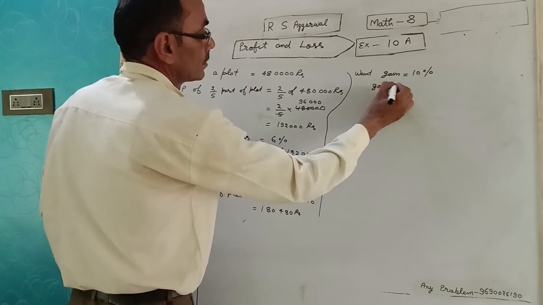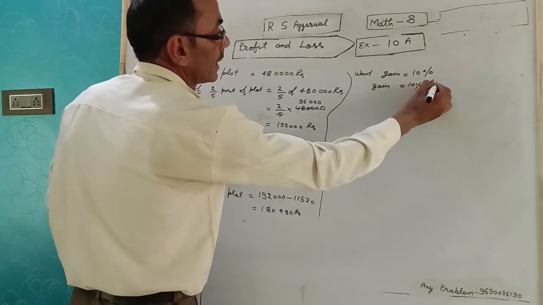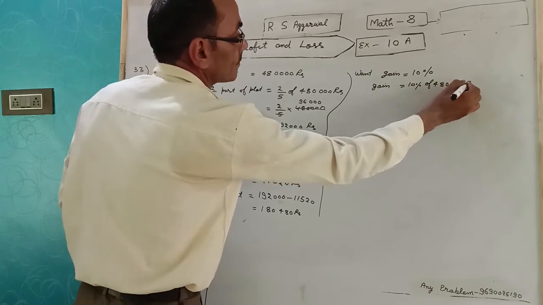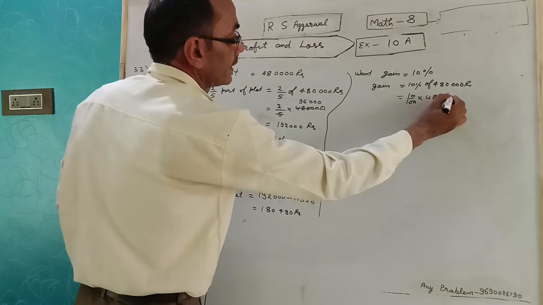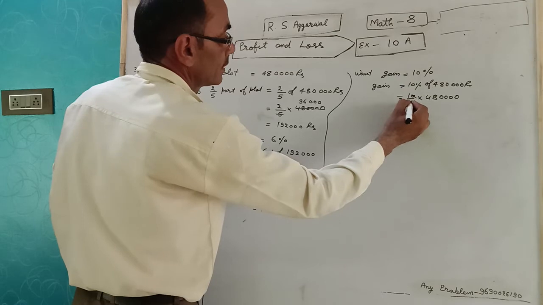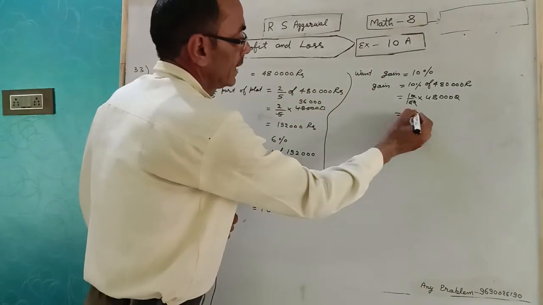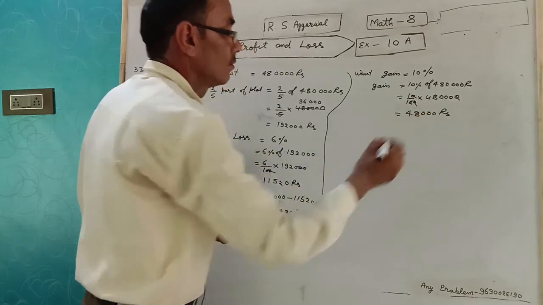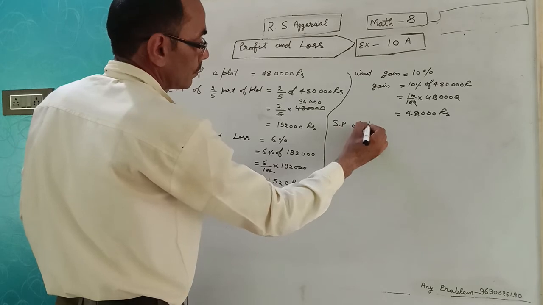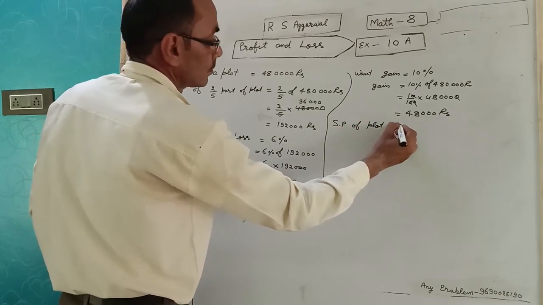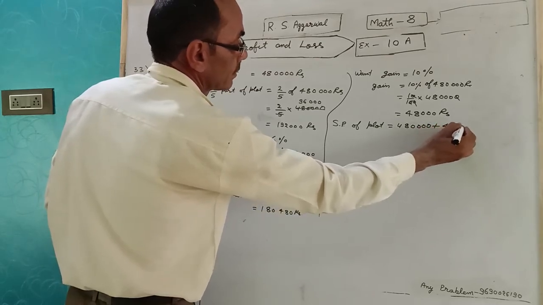Gain is equal to 10% of 4,80,000, that is 10 upon 100 into 4,80,000, which is 48,000 rupees he wants to gain on the plot. SP for the plot is equal to 4,80,000 plus gain of 48,000.